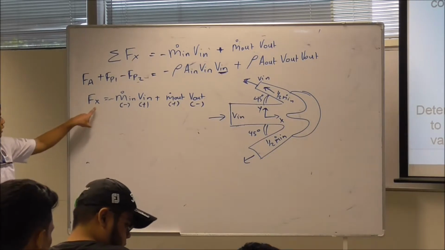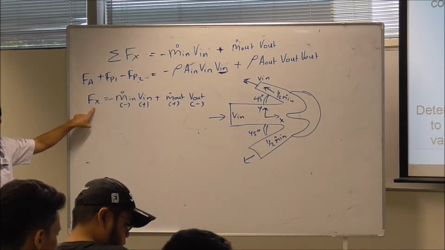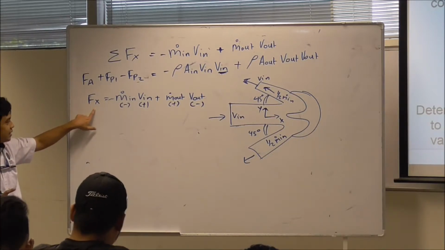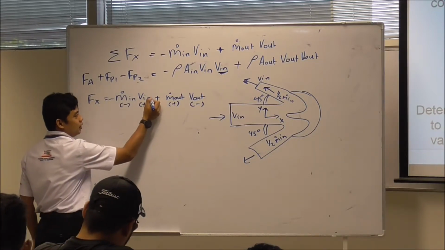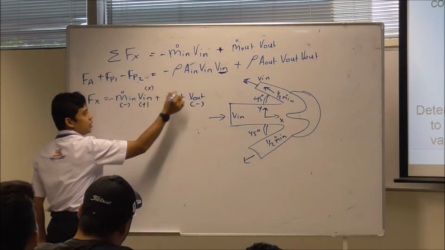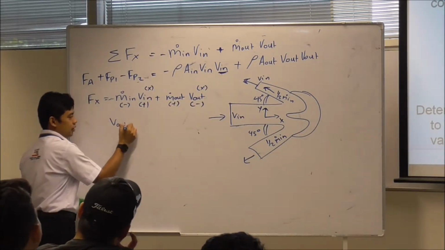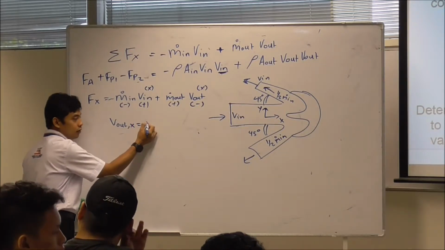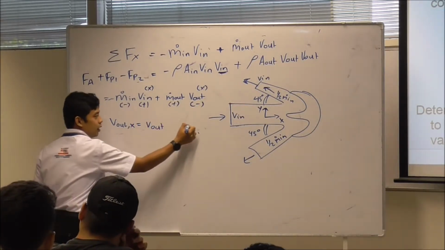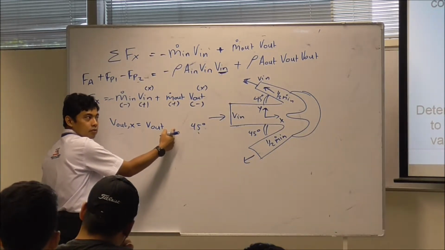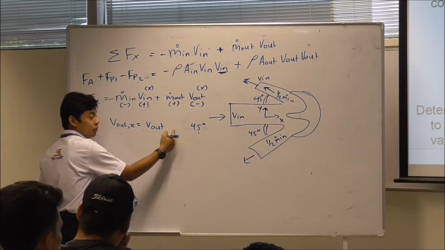Okay? We are talking about X. Now, I didn't put it there. We are talking about X, so it has to be in the X direction. In the X direction, V out X is equal to V out times 45 degrees. Sine or cos?